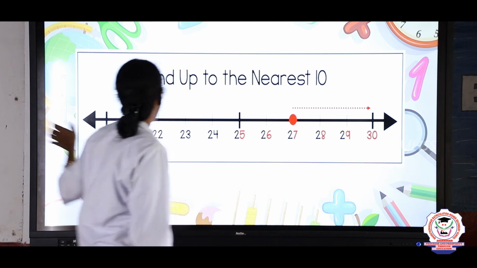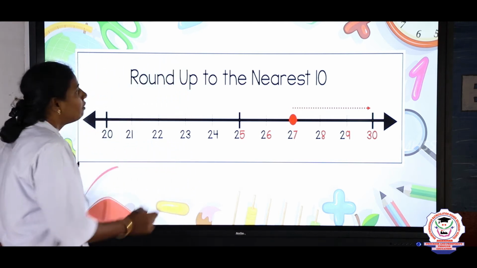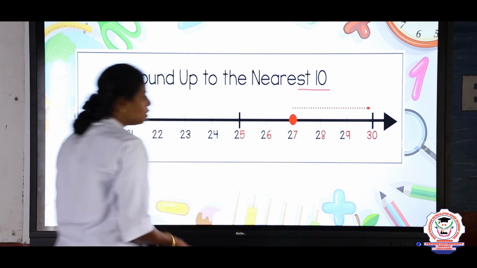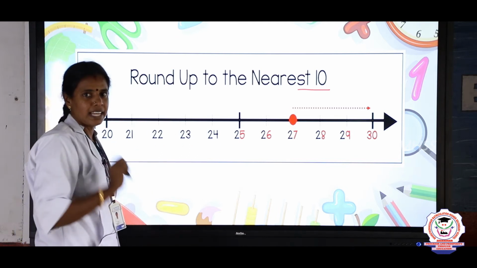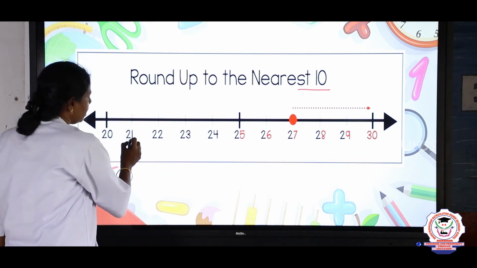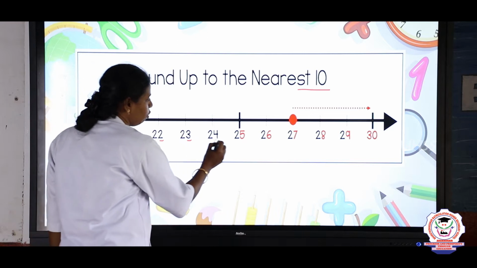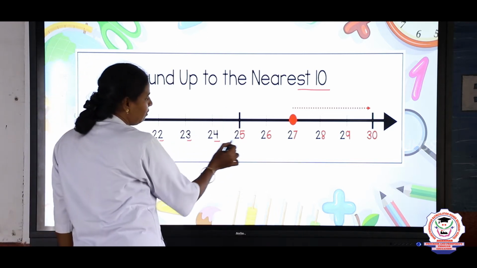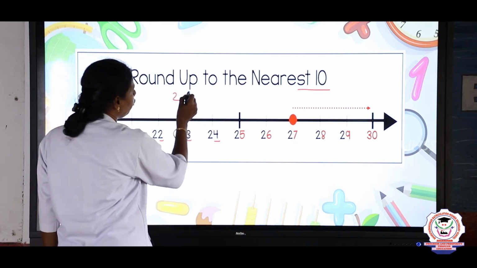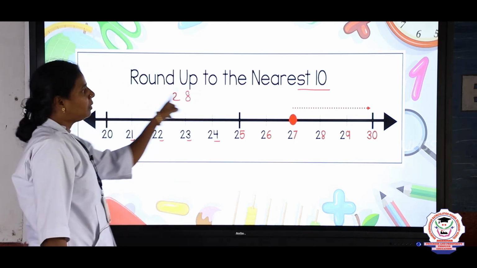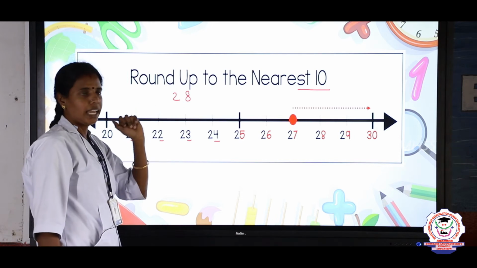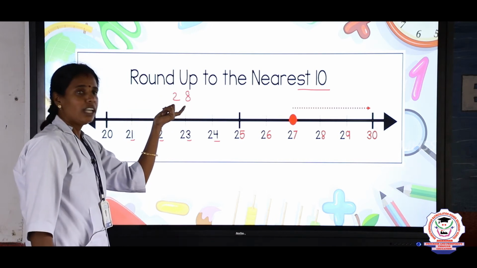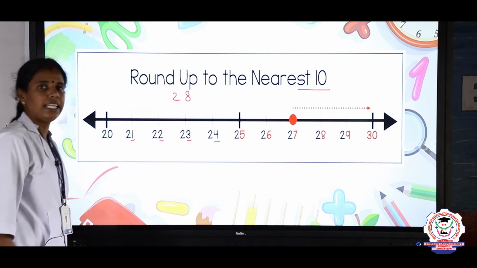So, when we are going to round a number to the nearest ten, we are going to see the ones place number. Ones place numbers are 1, 2, 3, 4... Now take the example of 28, rounded to the nearest ten.